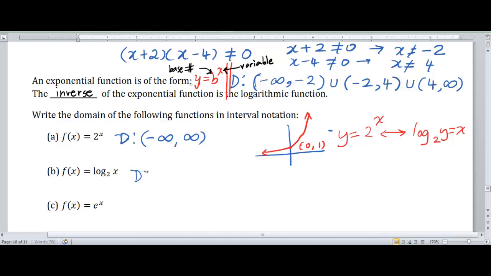So exponentials and logarithmic functions are inverses of each other. That means they are reflected about the line y equals x.